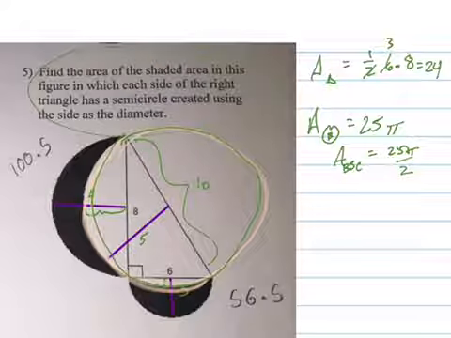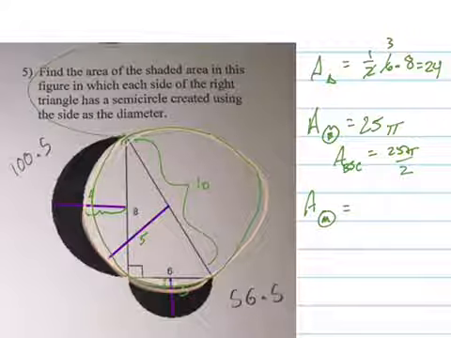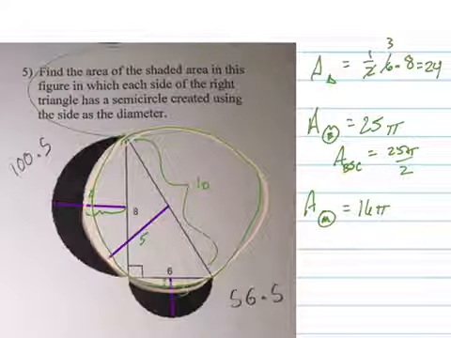Now we want to find the area of the medium circle next. The area of the medium circle, with radius 4, is pi r squared, which is 16 pi, and we're going to take half of that.